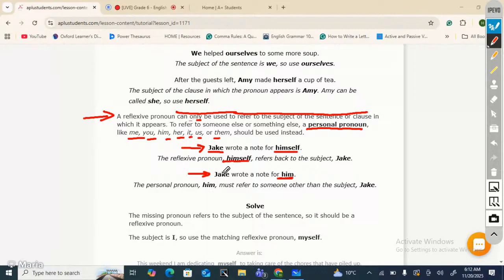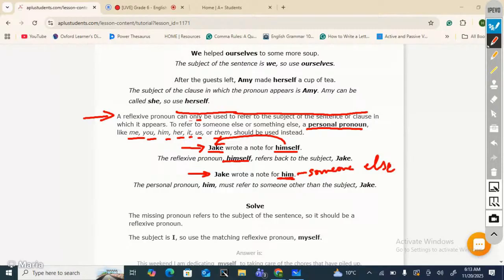Because if it refers to Jake, a reflexive pronoun must be used. But if he wrote a note for some other person, then him must be used. Him refers to someone other than the subject Jake.